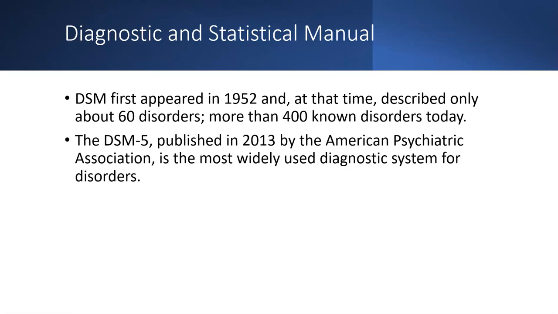The DSM-5, which is the current version, although there has been a text revision published more recently than 2013, the American Psychiatric Association is the governing body that organizes the continued evolution of the DSM over time. Just to make sure you understand who is in control of the DSM, psychiatry is a medical specialty.